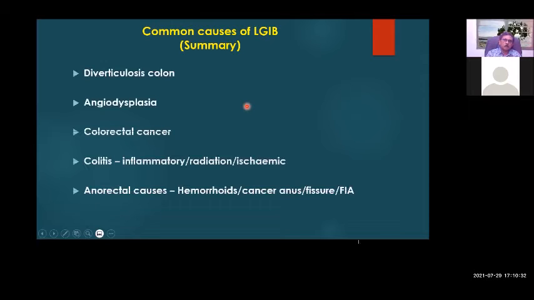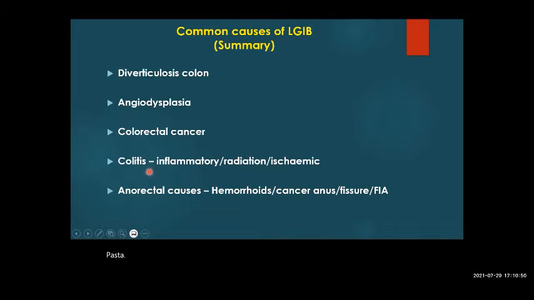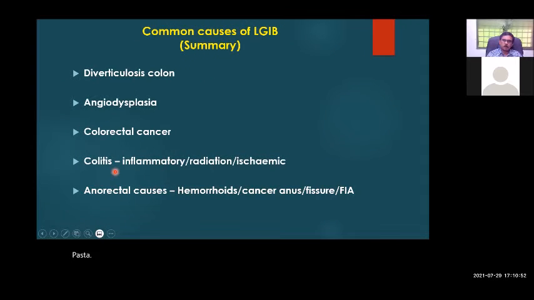These are the 5 most common causes of lower GI bleed in our country: diverticulosis, angiodysplasia, colorectal cancer, colitis of various causes, inflammatory, radiation, ischemic, and anorectal causes, especially hemorrhoids, cancer of the anus, fissure in anus, and even fistula in anus.